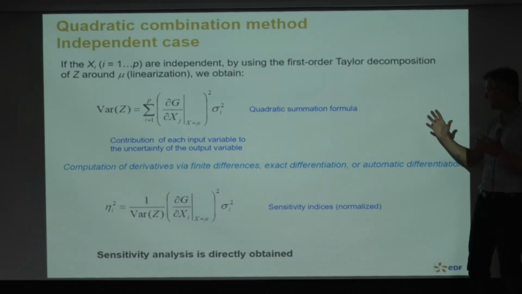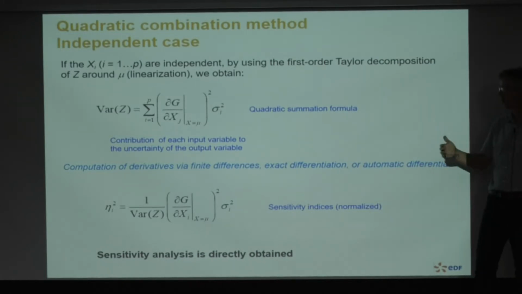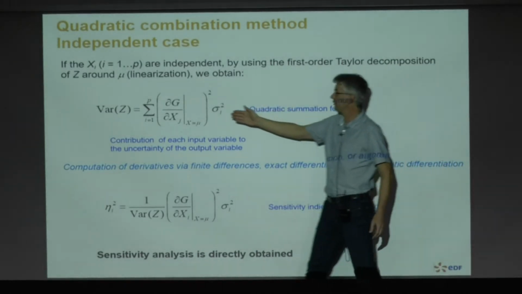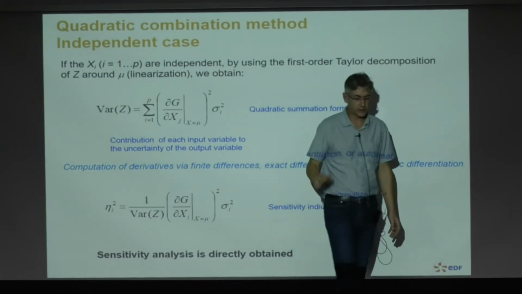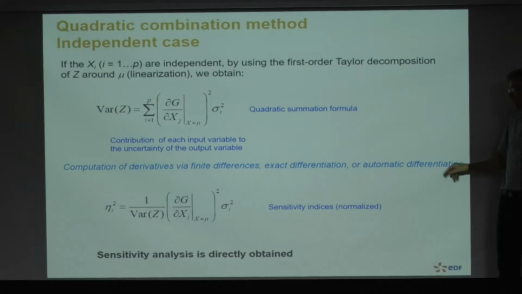The software eats your program and returns a differentiated program which gives you all the derivatives. So if you are interested, I can give you the name of the French software which does this, but there are also American software, maybe Indian.